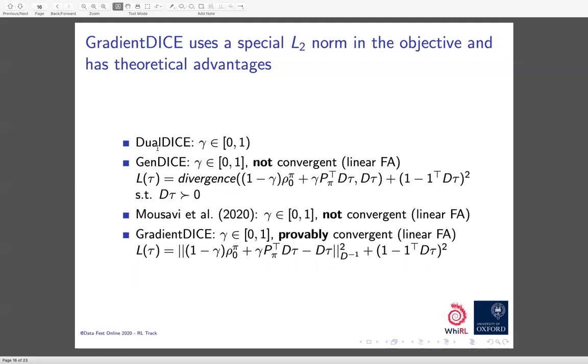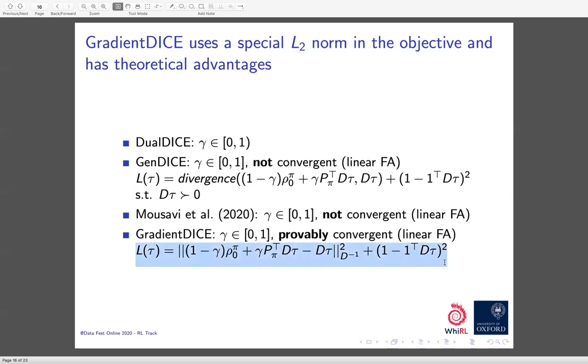It's mainly because the problem is non-convex due to the special parameterization. And Mosaic et al. also extends DualDICE to the average reward setting, but still the problem is it's not convergent even under linear function approximation. In our GradientDICE, it's compatible with both gamma smaller than 1 and gamma equal to 1, and we show that GradientDICE is convergent under linear function approximation.